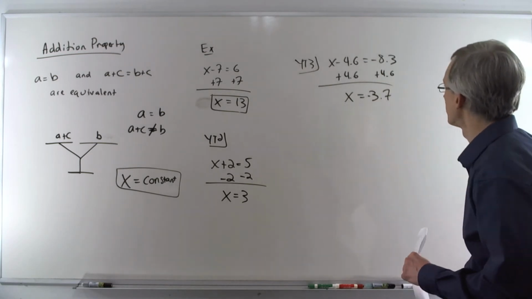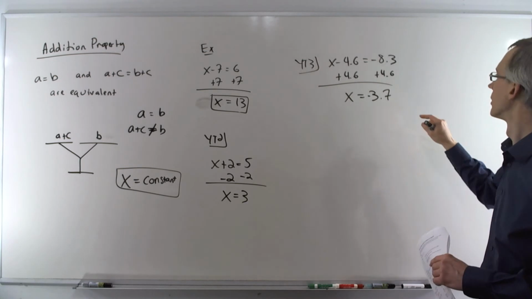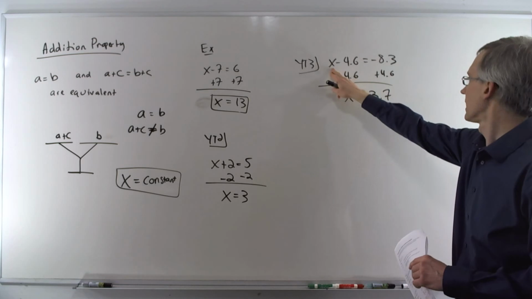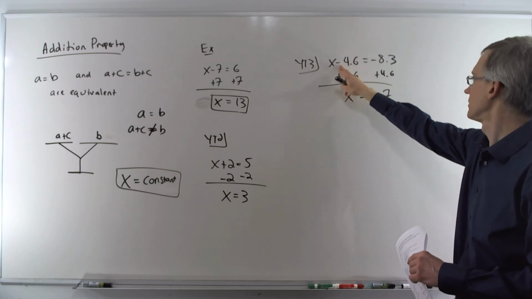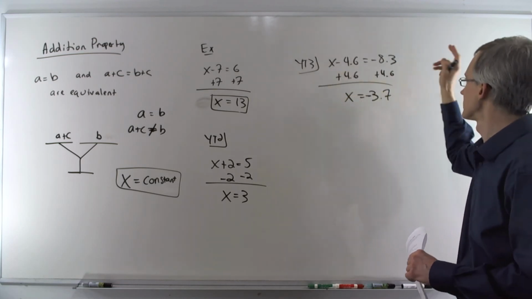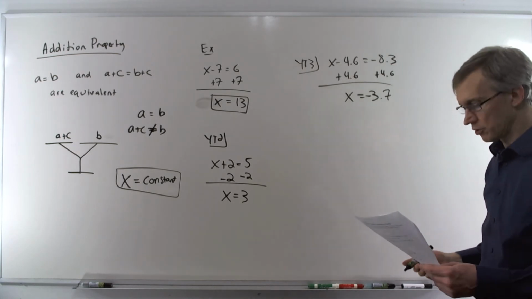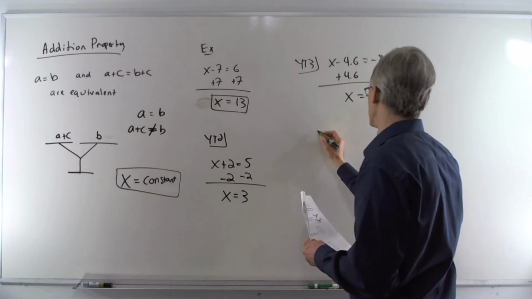We get negative 3.7. All right, now I'm going to take this negative 3.7, plug it back in here. Negative 3.7 minus 4.6, that gives us negative 8.3. Your turn, number 4. Now I get some fractions.